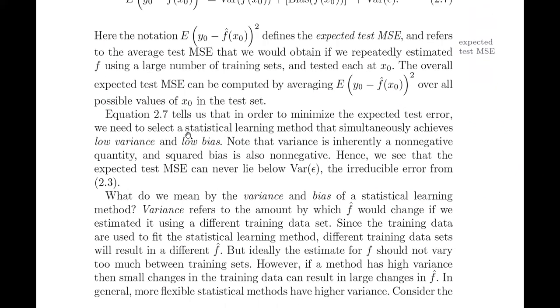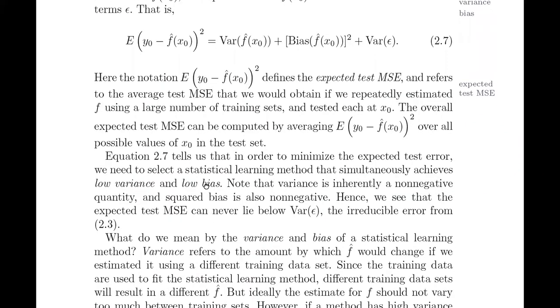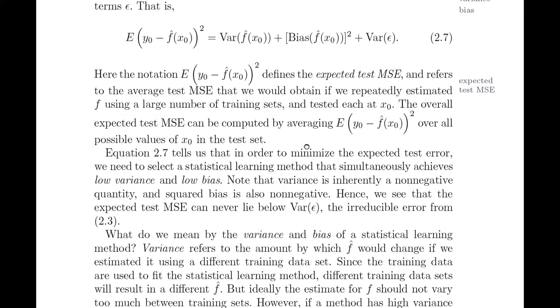Equation 2.7, but let's see if we can at least get a heuristic understanding. Equation 2.7 tells us that in order to minimize the expected test error, we need to select a statistical learning method, f hat, that simultaneously achieves low variance and low bias.